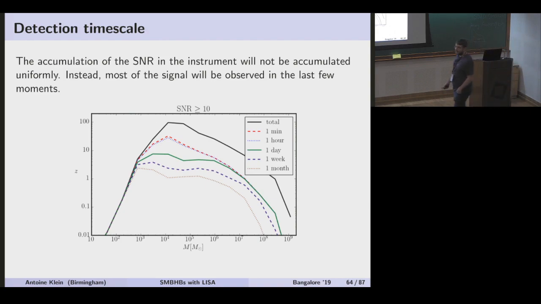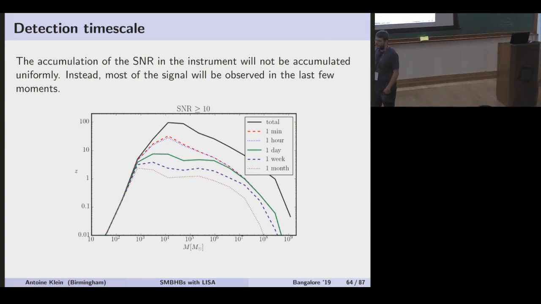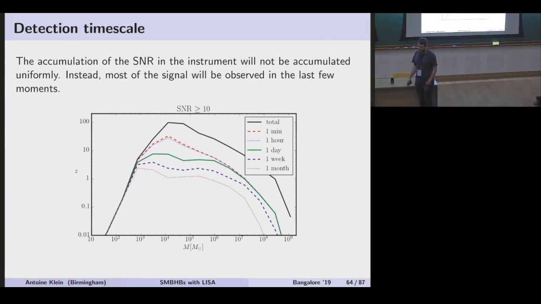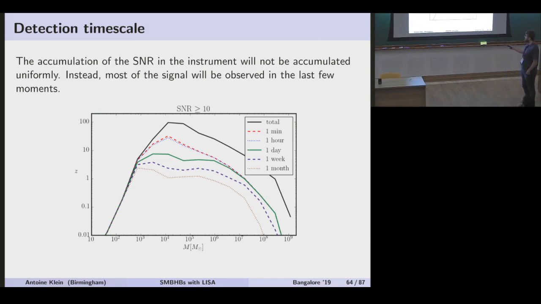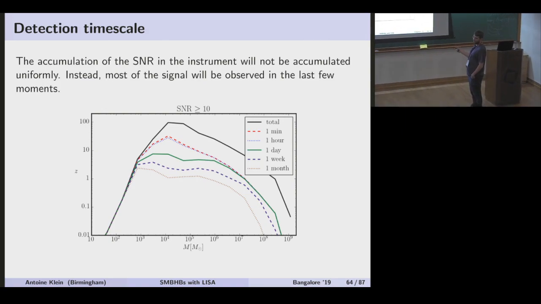The more massive the binary is, the higher the SNR, right? No, not really. It depends. Here you see that the highest SNR that you get is for a 10 to the 4 solar mass black hole at redshift 1.